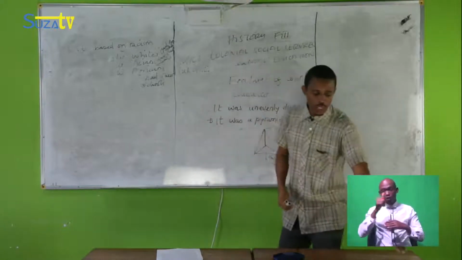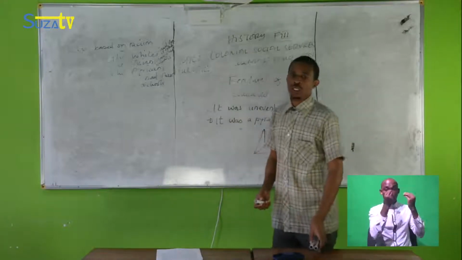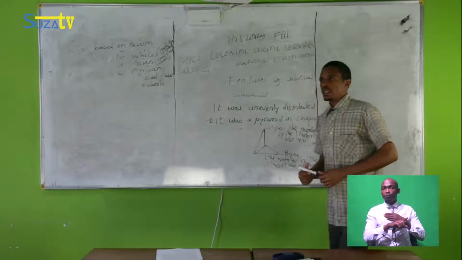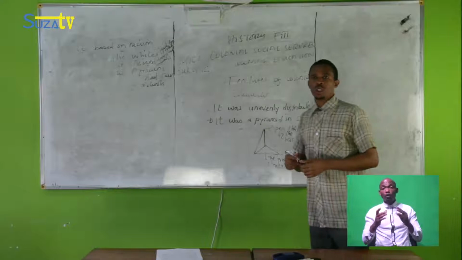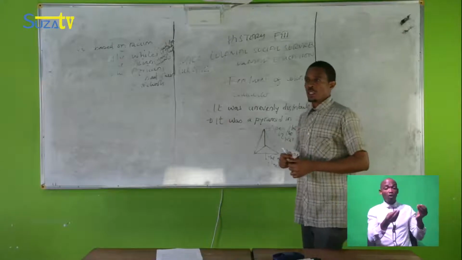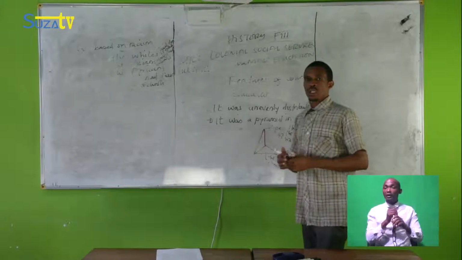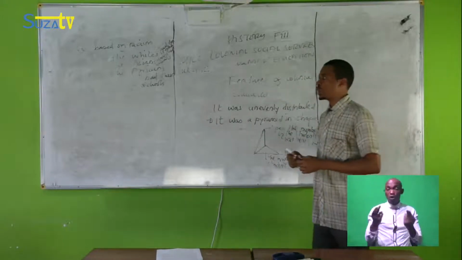So we can say the colonial education was based on racism in terms of schools and the quality of education provided. The whites had their schools, the Asians had their schools, while the Africans had their schools.